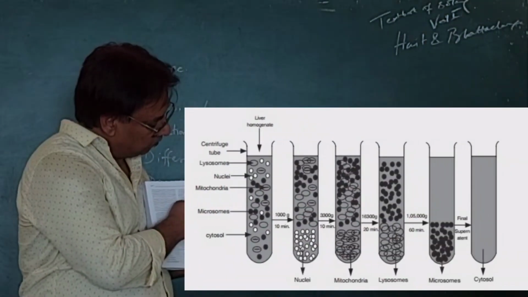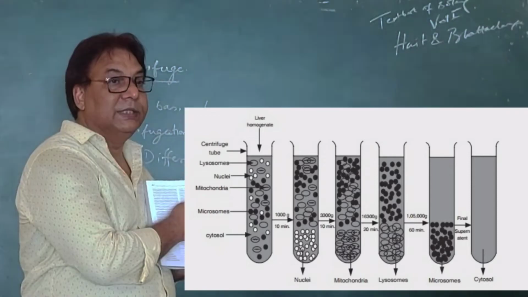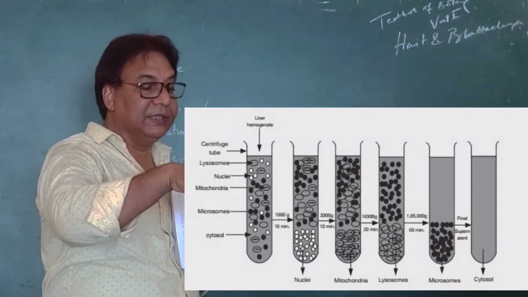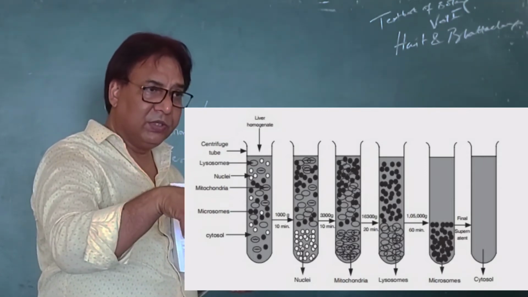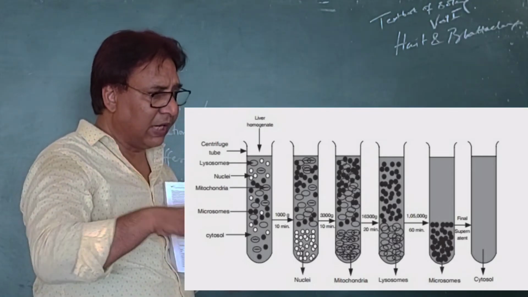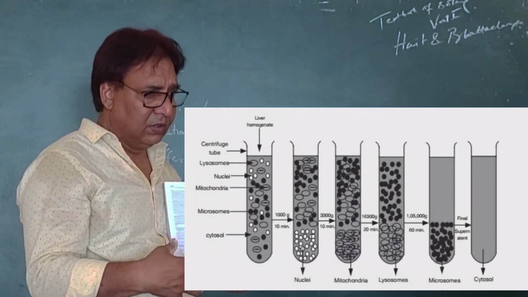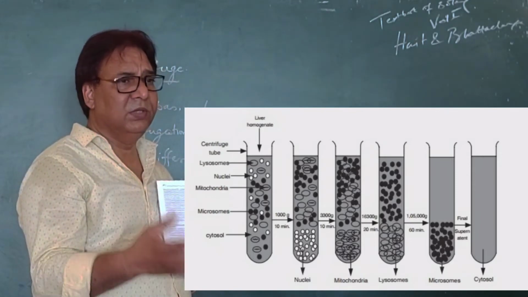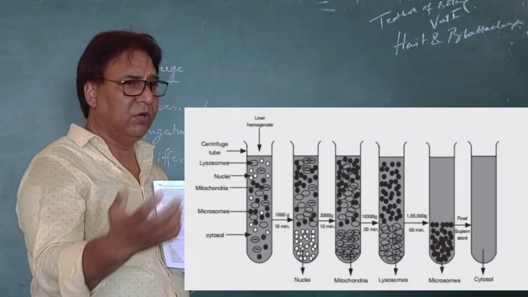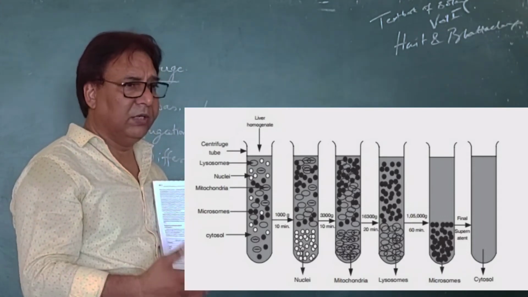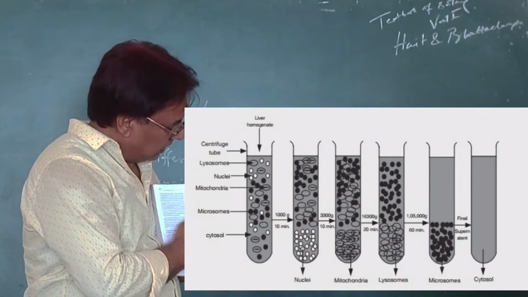This is cell homogenization, cell homogenate. That means the cells have been homogenized, lysed using some lysis buffer and crushed so that everything comes out. If it is a eukaryotic cell, as we mentioned, there are several cell organelles: nucleus, mitochondria, chloroplast, Golgi bodies, endoplasmic reticulum, ribosomes, lysosomes, microbodies.